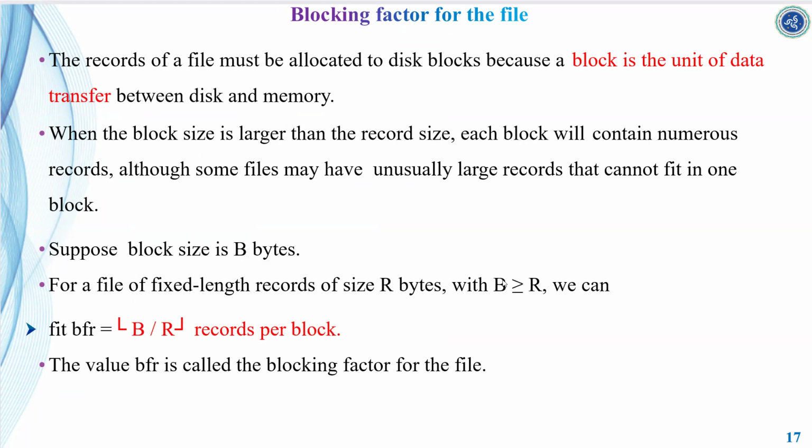If B, the size of the block, is larger than or equal to R, then the blocking factor BFR is equal to floor of B by R records per block. The floor function, if you are given a fractional value, takes the next lower integer. BFR is called the blocking factor of a file.